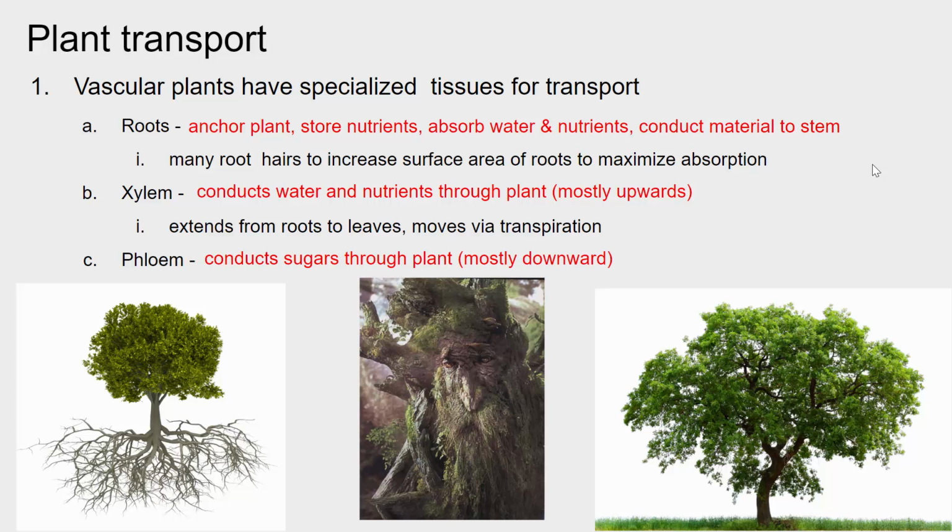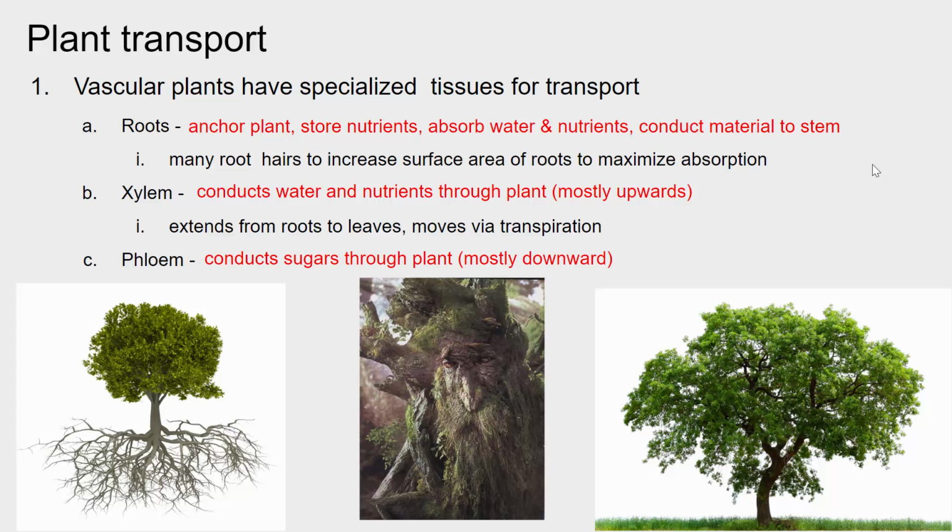The xylem and phloem are important right about now in our area, because what are people doing with maple trees in the coming weeks? Tapping them. So by tapping a maple tree and hammering a small metal spout into it, part of that goes into this vascular tissue, and then in the spring, when nutrients and sugars that were stored over the winter in the roots are making their way back up to the upper portions of the tree, they're going there to provide energy to grow new leaves in the spring.